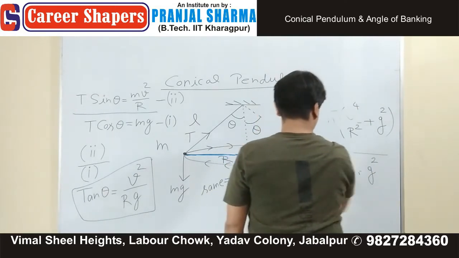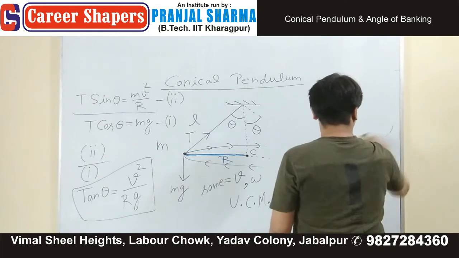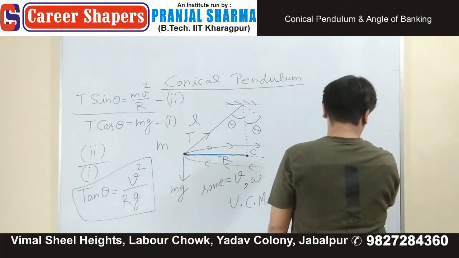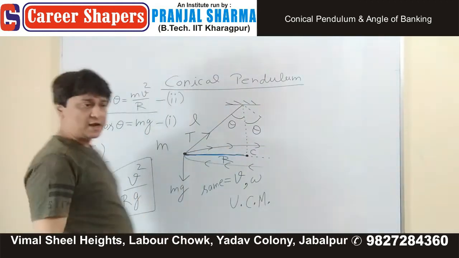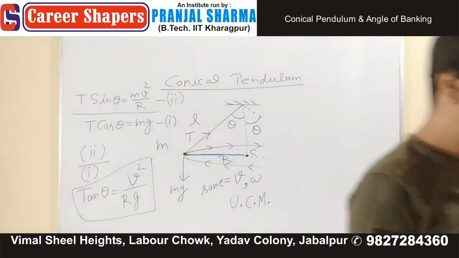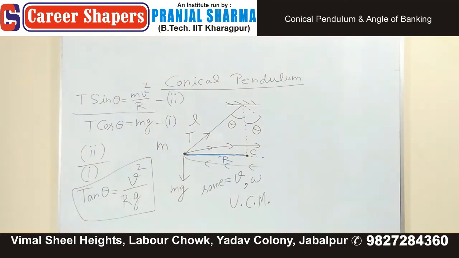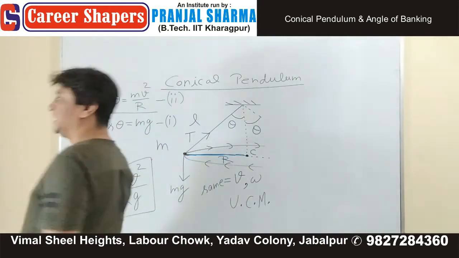Who will give me the relationship between L and R? What is the relationship between L, length of the rope, and R, radius of the circle? A very elementary thing. I'm asking you something which is extremely easy. What is the relationship between length of the rope and radius of the circle? In terms of theta.